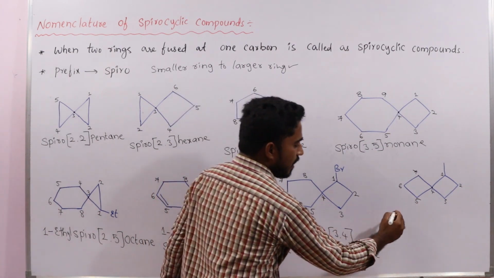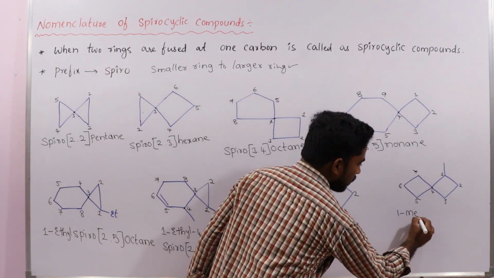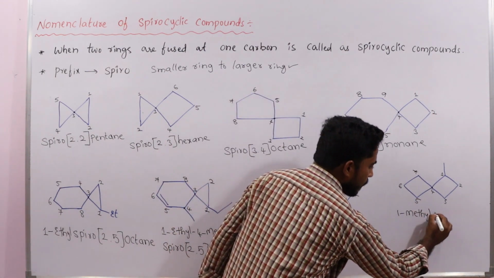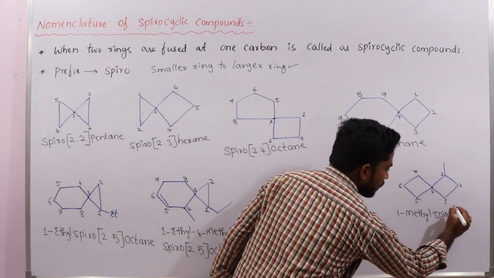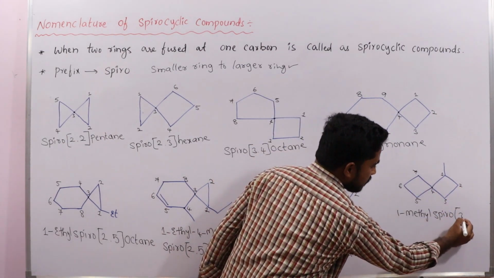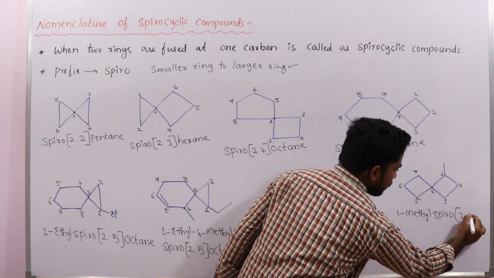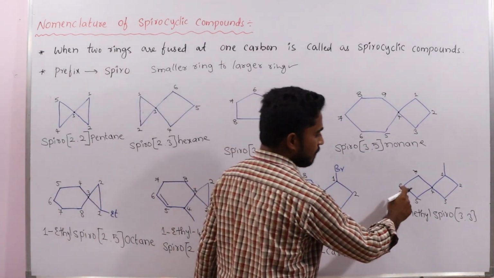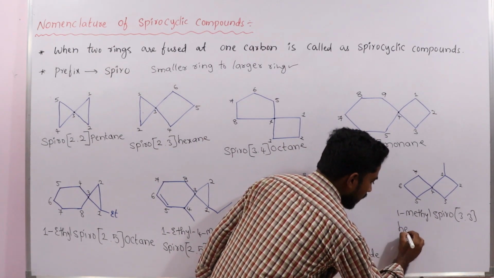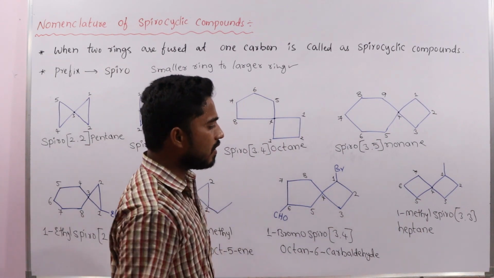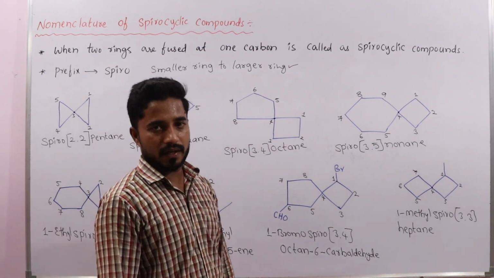Okay, 1 methyl spiro, in square brackets there are 1, 2, 3 carbons, there are also 3 carbons, 3.3, 1 methyl spiro 3.3. Total number of carbons 7, that's why hept, it is a saturated one, that's why heptane. 1 methyl spiro 3.3 heptane.